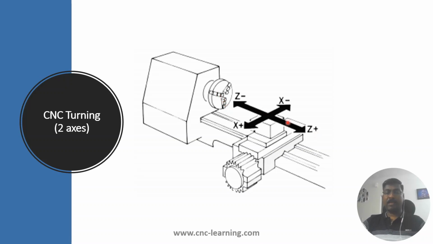Spindle axis is Z axis and the perpendicular axis is X axis. The direction which is going towards right is Z plus, and the direction which is going inside the spindle is Z minus, and the direction which is going away from spindle is X plus, towards the center is X minus.